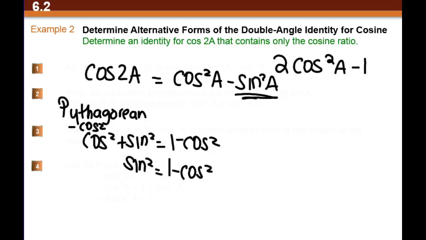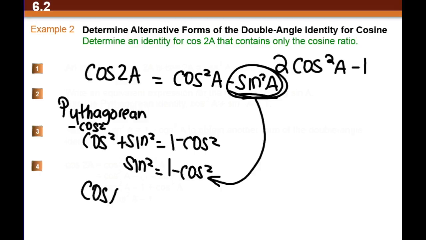Okay, so that means we could replace this sine squared right here with this instead. So we could replace our sine squared from here, and we could put 1 minus cos squared instead. So our equation, oh, that's a 2, sorry. We had cos squared a and a subtraction, and instead of sine squared, I'm going to put 1 minus cos squared.